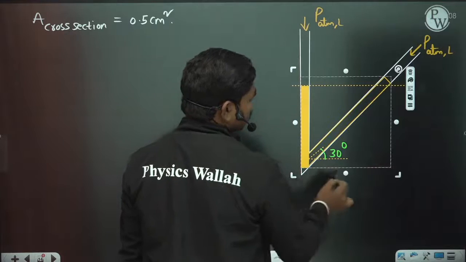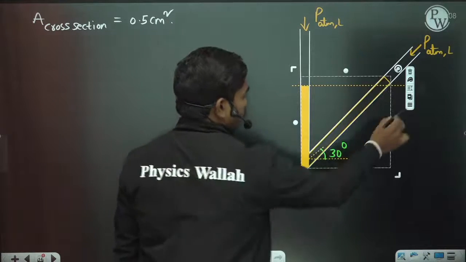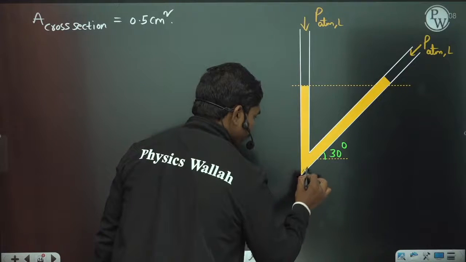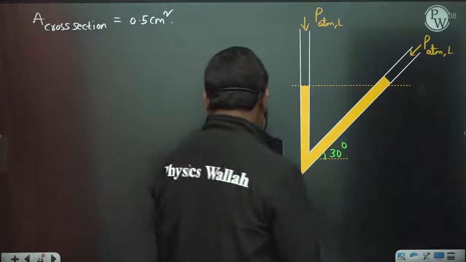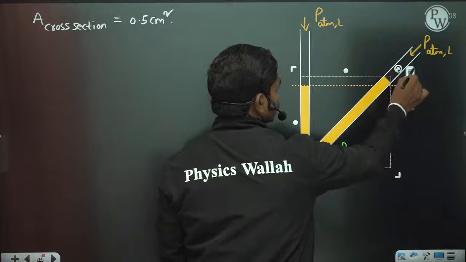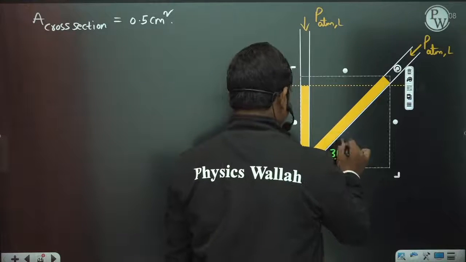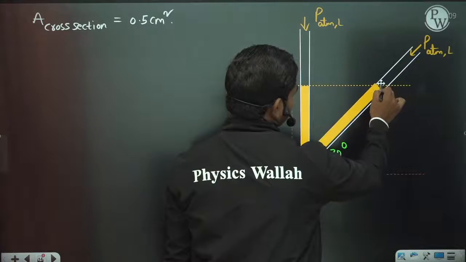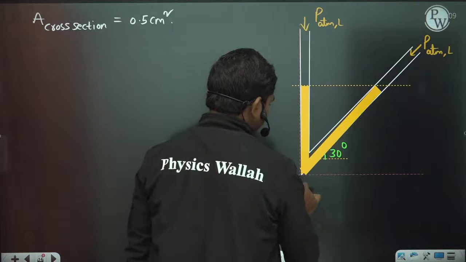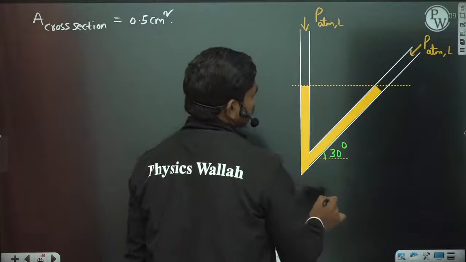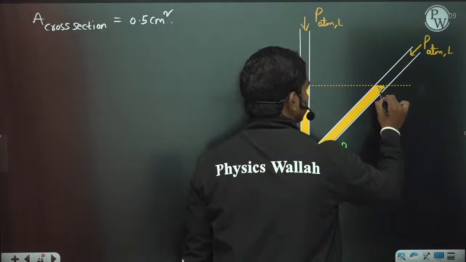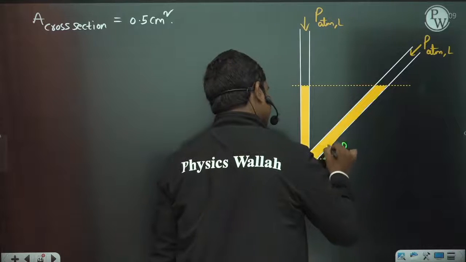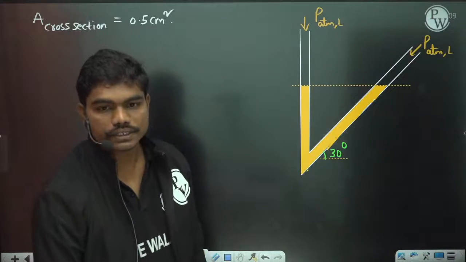I'm taking some time for drawing the diagram so that it looks neat. Now let us suppose, we can slightly reduce the length to this point, and of course there is some meniscus which is filled like this. Now this is mercury. Please take the FM crash course, we'll definitely cover it.